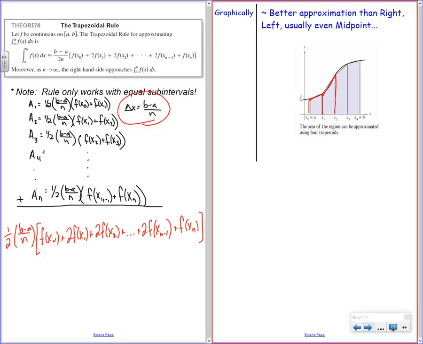So when we pull out the 1/2 and the base, and we're just adding together all of the y's used in our area formulas, we're going to have only one of the first, but this one used twice, this one used twice, the next one used twice, but the last one is only used once.